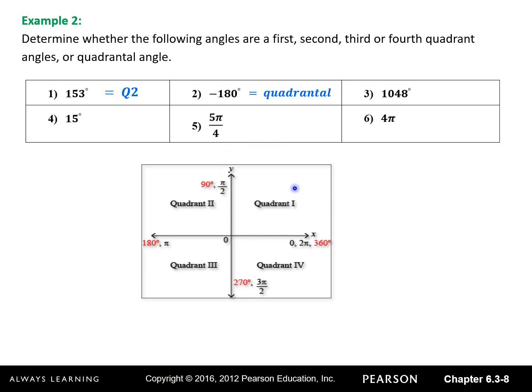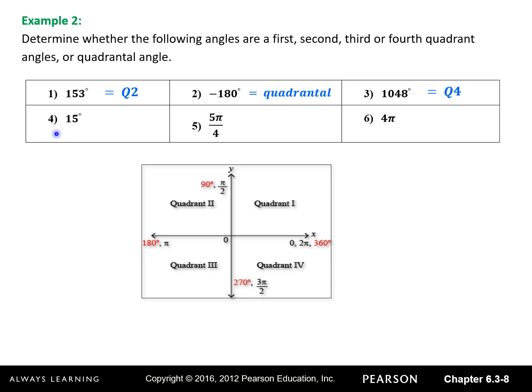So again, 360, 720, and another revolution is 1080. Our angle is 1048. 1080 is 3 revolutions, meaning the terminal side will lie on the positive x-axis again. So 1048 is somewhere here in quadrant 4. So we can say that 1048 degrees is a fourth quadrant angle.